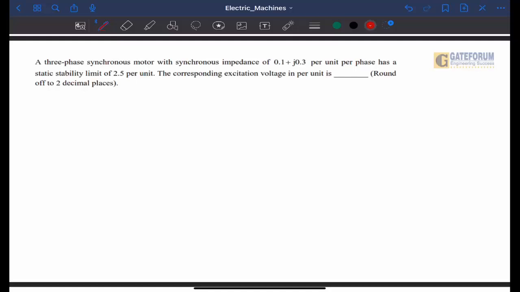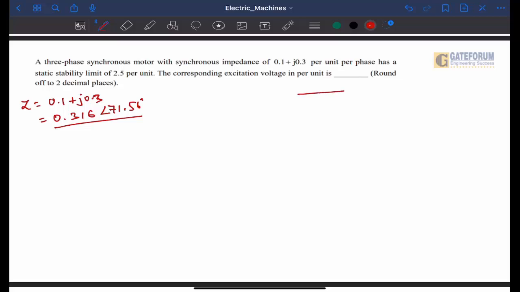See, in this problem Z is given, Z is 0.1 plus j0.3. This can be written in polar form: it will be 0.316 and the angle will be 71.56.